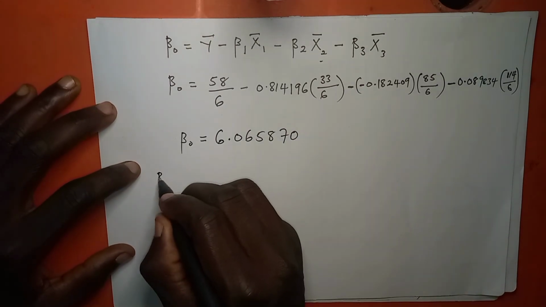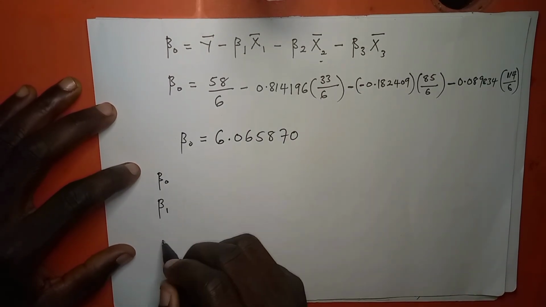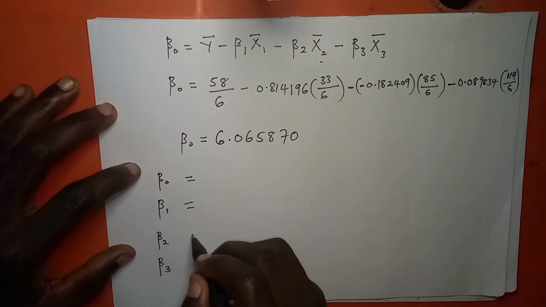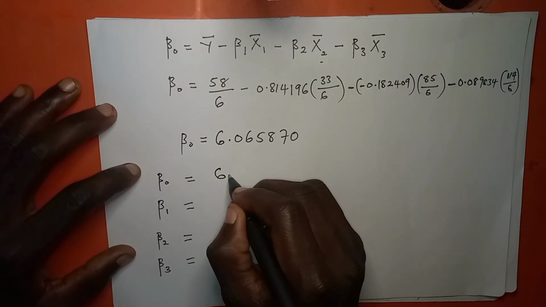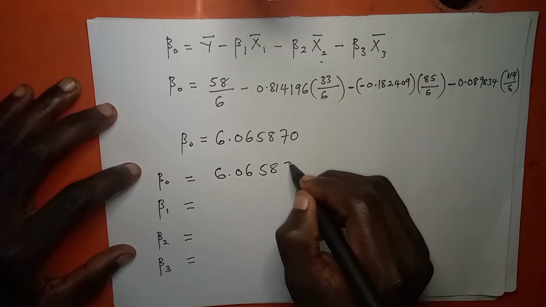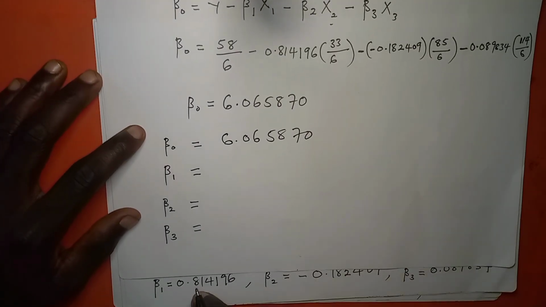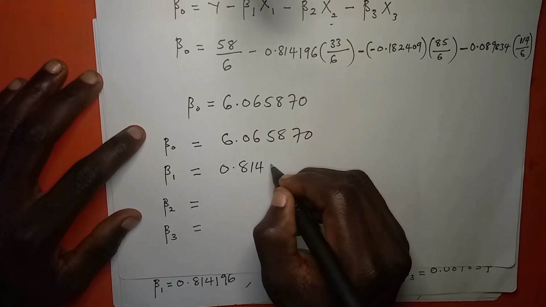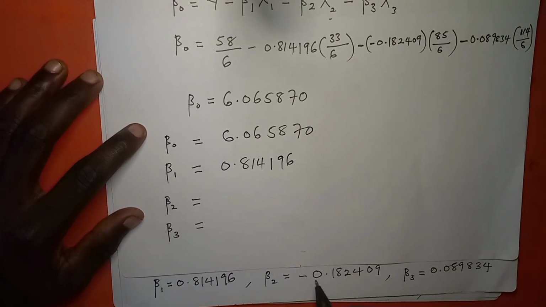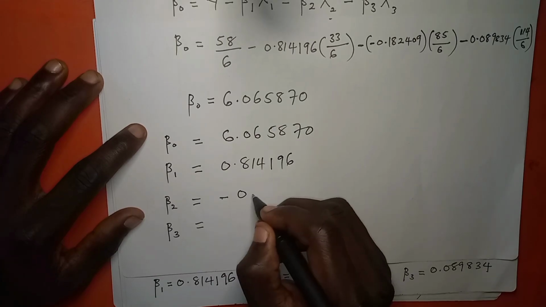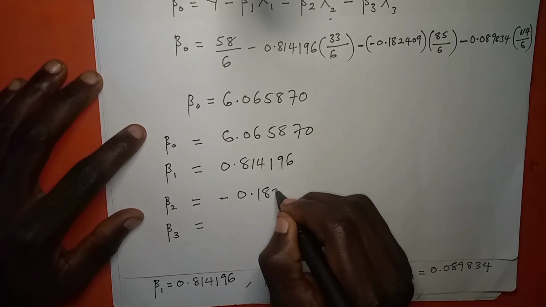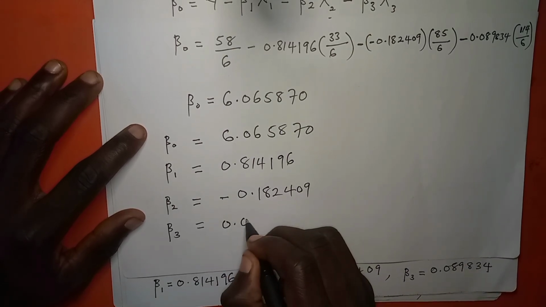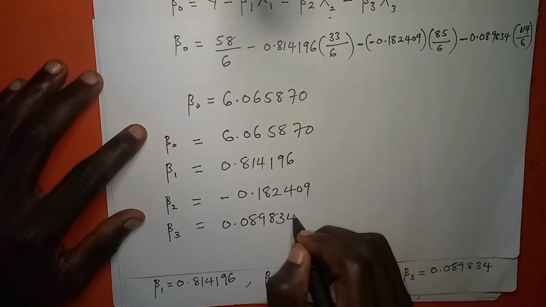Which means we have beta naught, beta 1, beta 2, beta 3 equal to, respectively, 6.065870, 0.814196, minus 0.182409, and 0.089834.